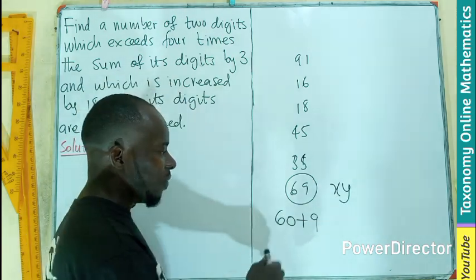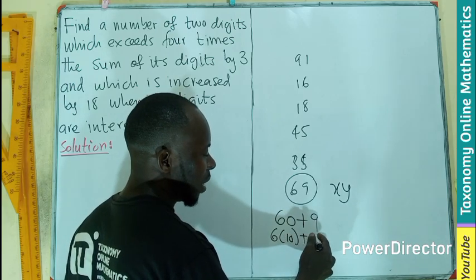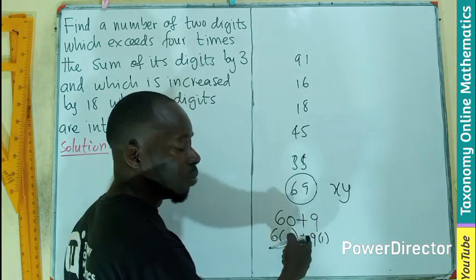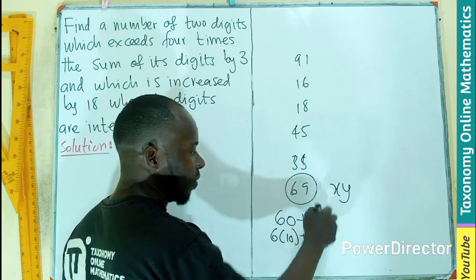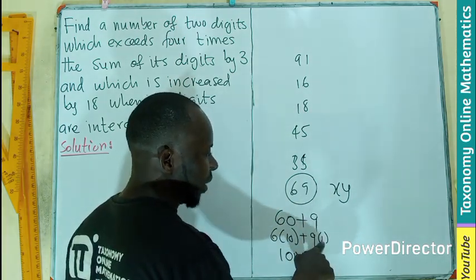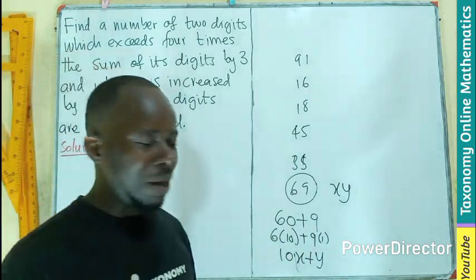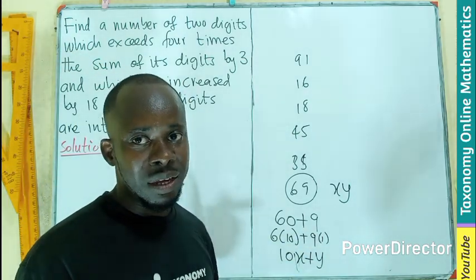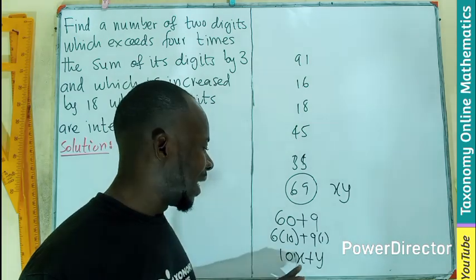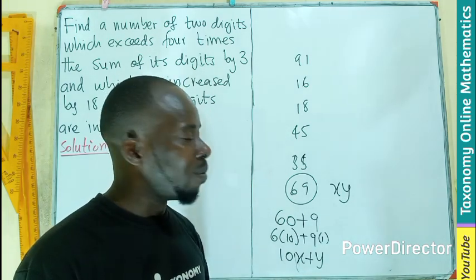So I say the number is 6 times 10 plus 9 times 1 as their place values. So 10x, and place value 1, 1y. The number I am thinking about is 10x plus y, which you may also write as 10n plus m, where n and m are just variables.